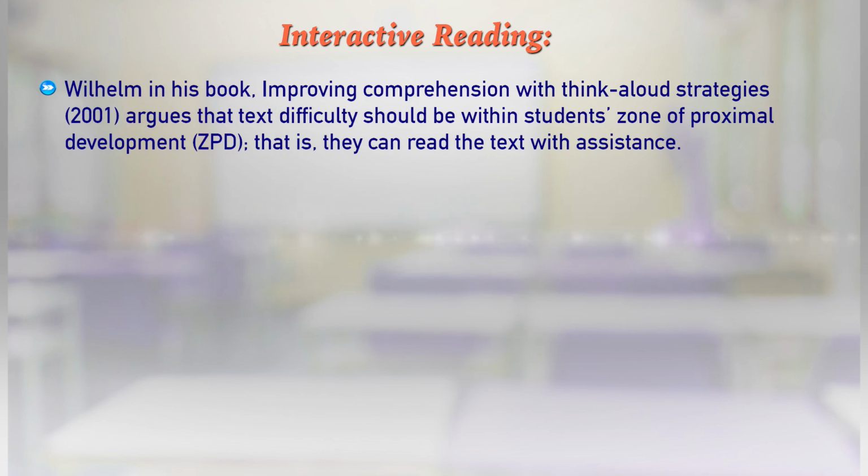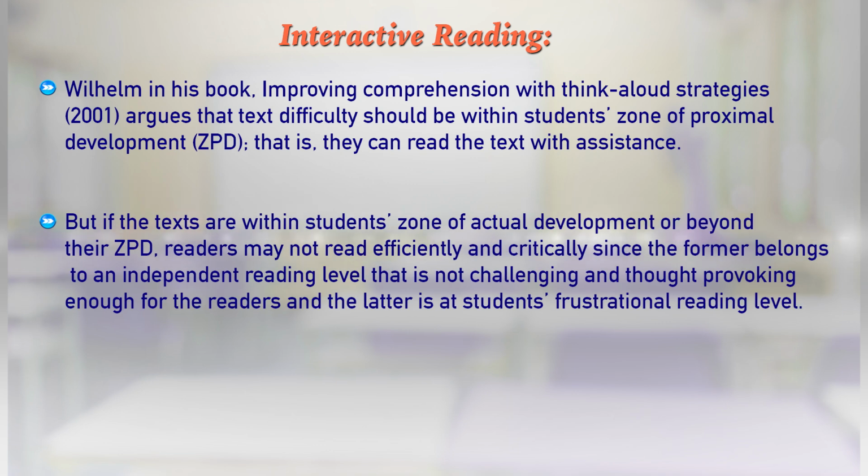Wilhelm, in his book Improving Comprehension with Think Aloud Strategies, argues that text difficulty should be within students' zone of proximal development, ZPD. That is, they can read the text with assistance, but if the texts are within the student's zone of actual development or beyond their ZPD, readers may not read efficiently and critically, since the former belongs to an independent reading level that is not challenging and thought-provoking enough for the readers, and the latter is at students' frustrational reading level.